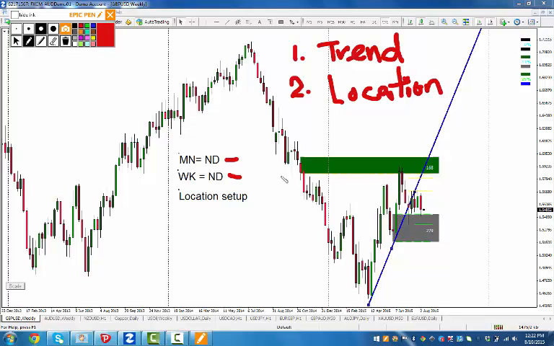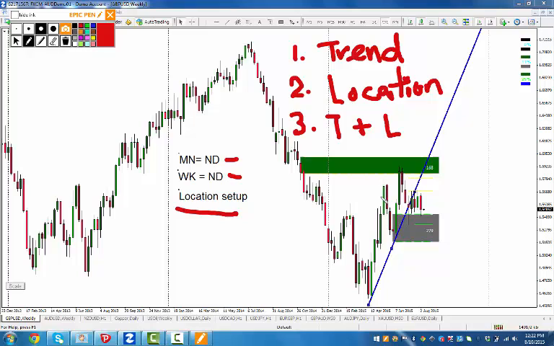Okay. Once the higher time frame has no trend, because the trend line is removed for example, we are now in the location setup. Okay. The third setup, of course, is the trend plus location.